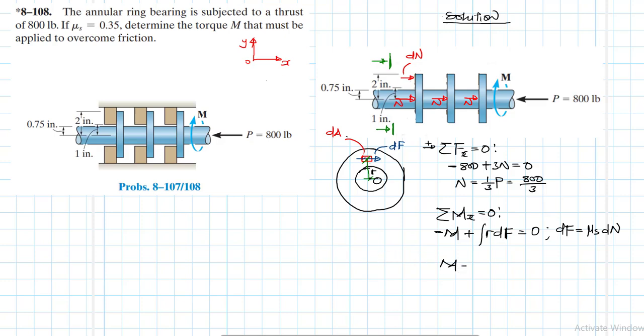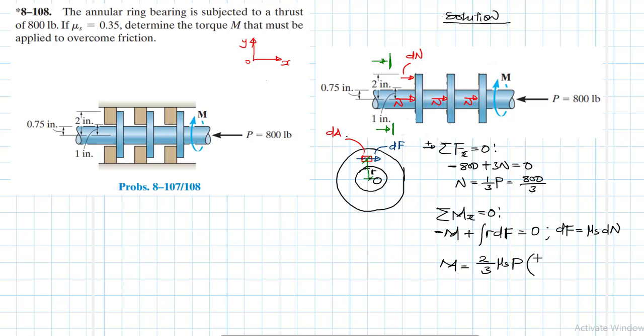M is equal to 2/3 of the friction force times the thrust force P. And if you want to check how this integration was done, you can just get back to your book and check the work. We are not doing any derivations.